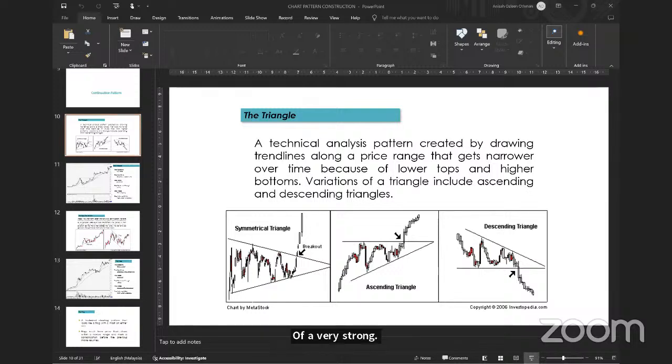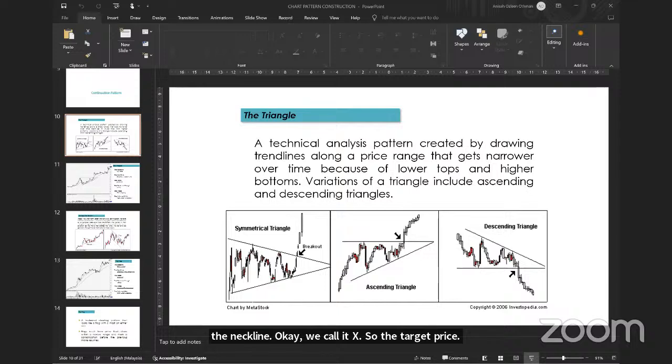So once you see this, what you want to do is, from the head to the neckline, the black line across is the neckline, the distance between the head to the neckline we call X. So the target price will be down X as well.